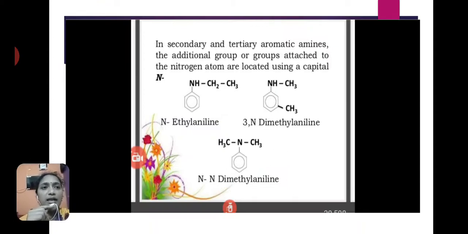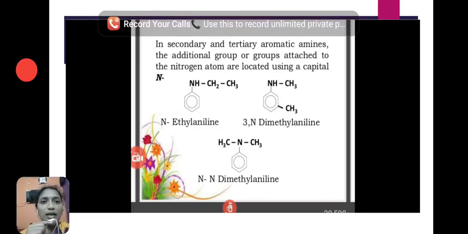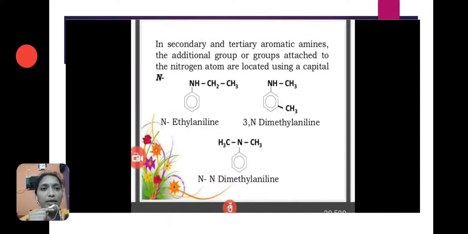In secondary and tertiary aromatic amines, the additional group or groups attached to the nitrogen atom are located using a capital N. Same as in aliphatic amines, here also the same.